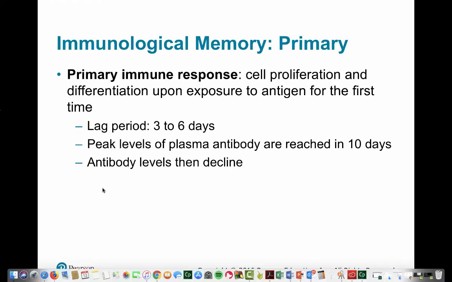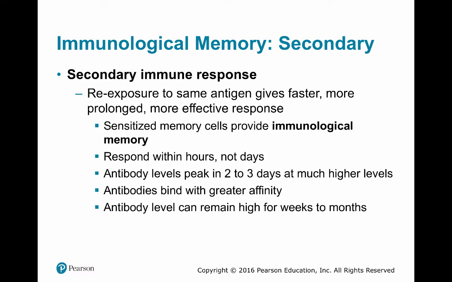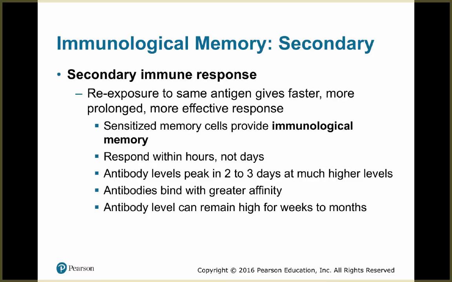When we get to the secondary response, this is re-exposure to the same antigen, right? It's going to be faster, more prolonged, and it's going to have a more effective response. The sensitized memory cells that we have provide what's called immunological memory. This is going to respond within hours.